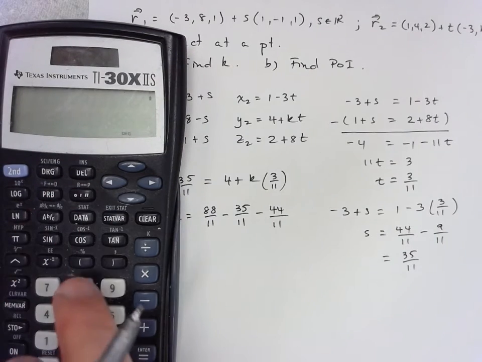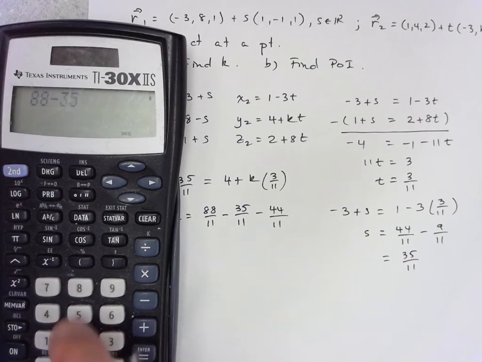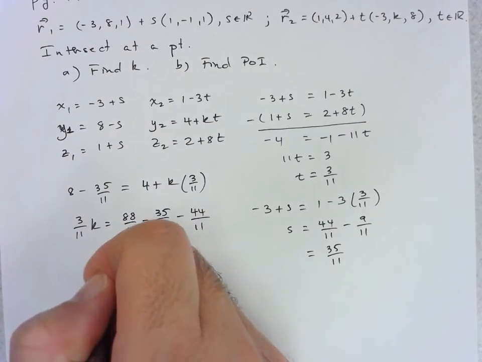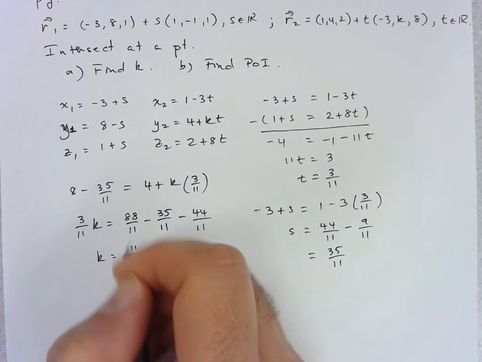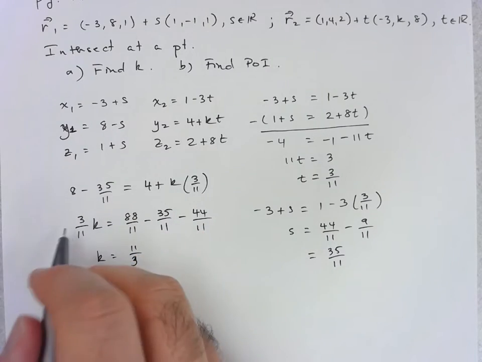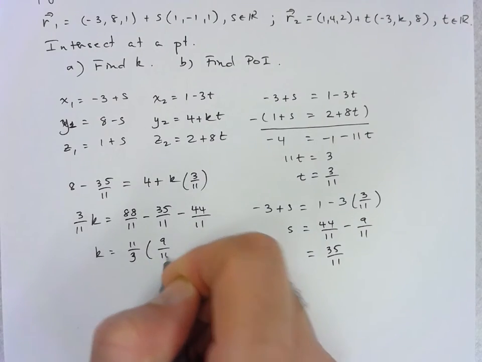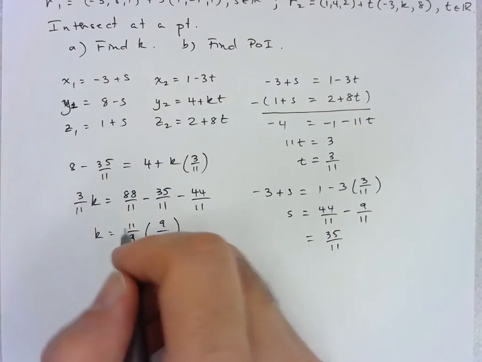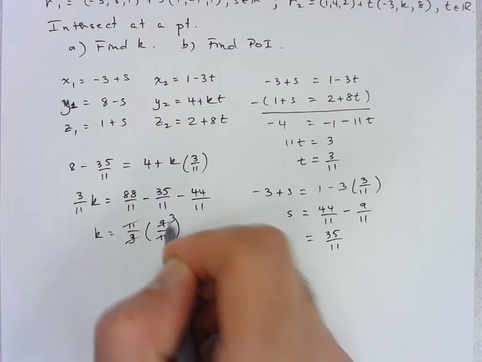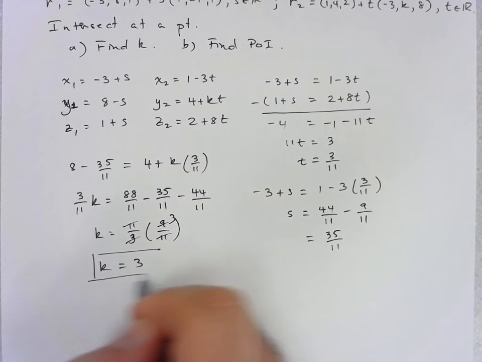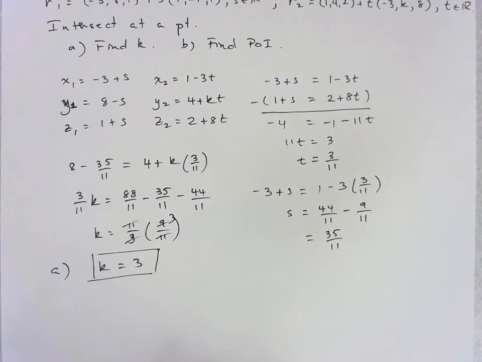We have 88 minus 35 minus 44, which is 9. So we've got k is equal to 11 over 3, which I just brought over from the other side. And here we were just left with 9 over 11. So actually that turns out to be pretty nice. 11's cancel out. This reduces. So k is just equal to 3. Okay, so there's our answer for A.